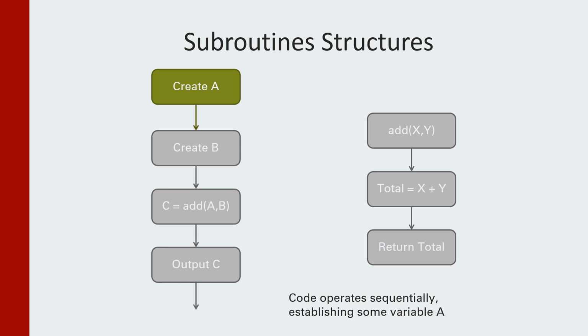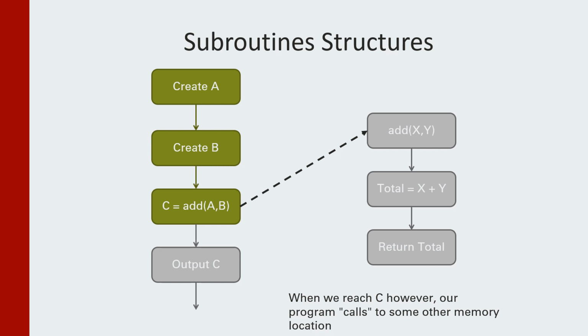So let's say we have this thing where we're going to create A, create B, and then add them together. You could go in order, create A, create B, and then add them together. But instead, when you reach the adding portion, so I have C is equal to adding of A and B, we can have our program call to some other portion of the code.